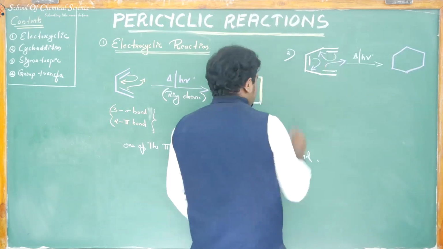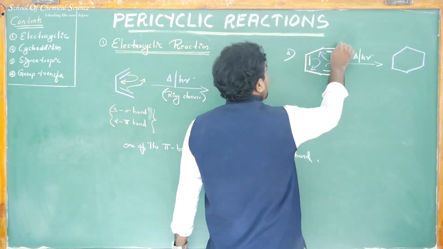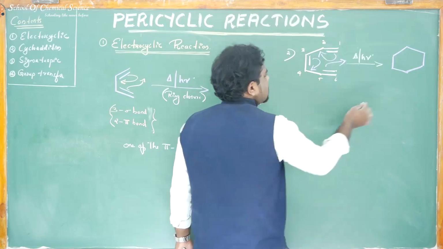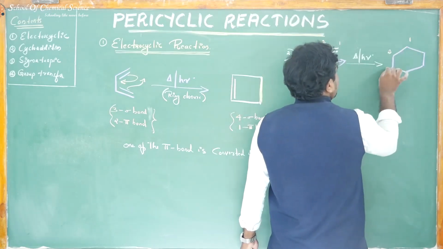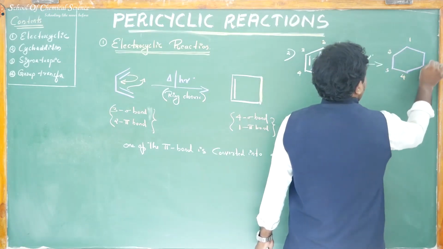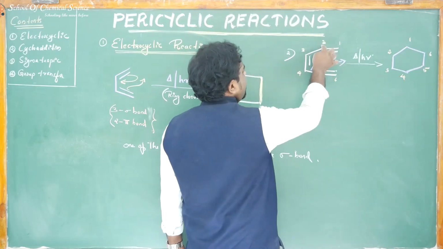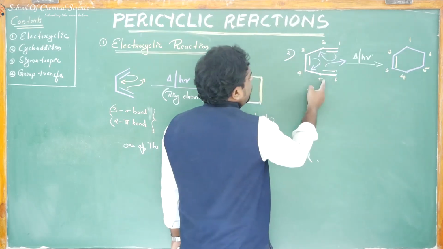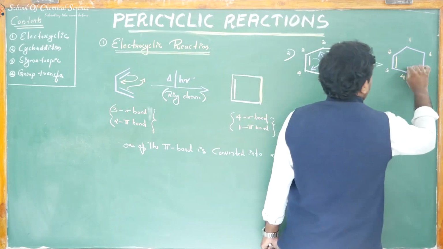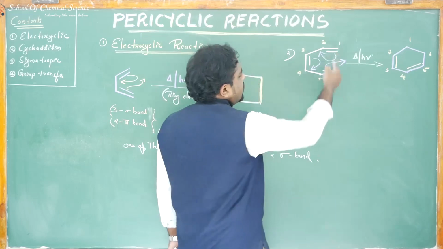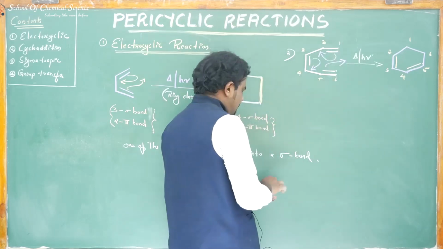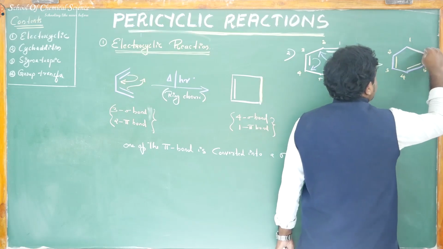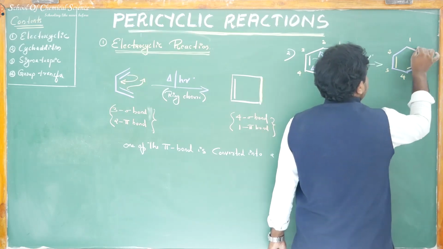We can number it 1, 2, 3, 4, 5, 6. So between 2 and 3 a new bond is formed. Between 4 and 5 a new bond is formed. Between 1 and 6 this is the newly formed sigma bond.